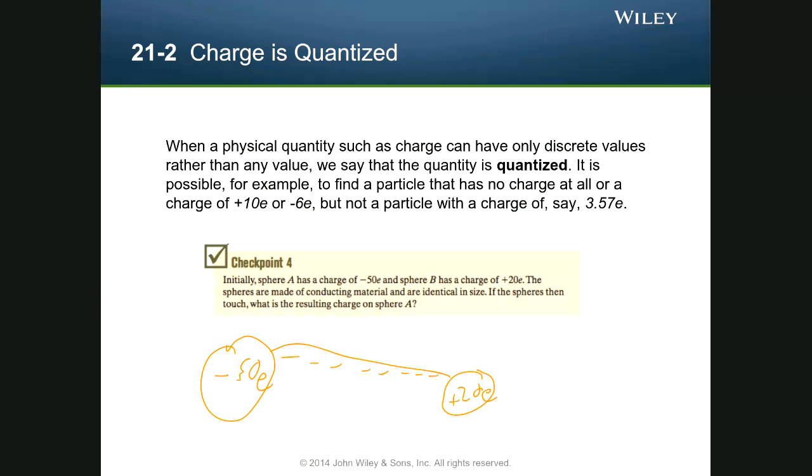Until you deplete the 20 charges. So at that point, you'd have minus 30 here, and you'd have 0.